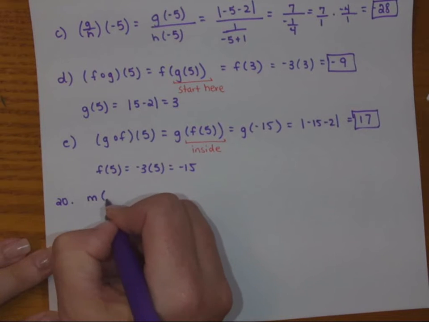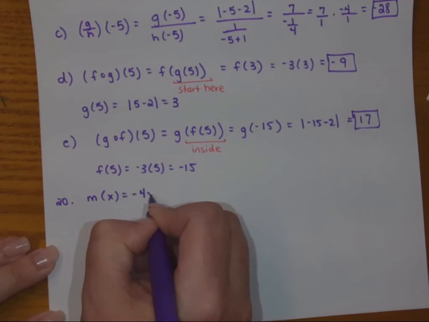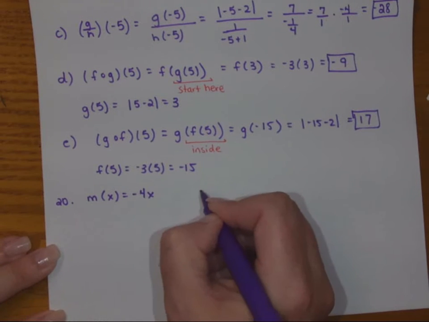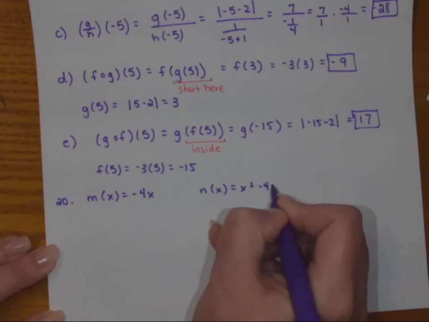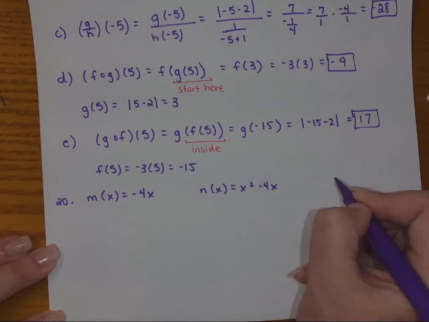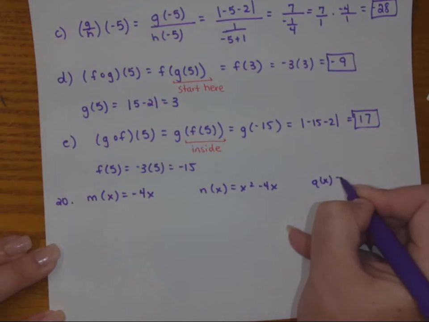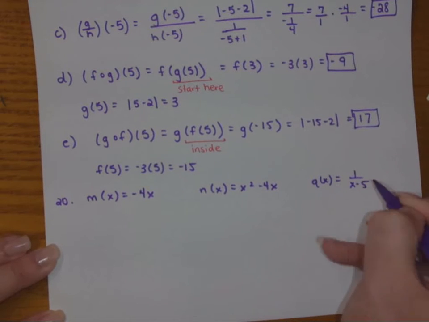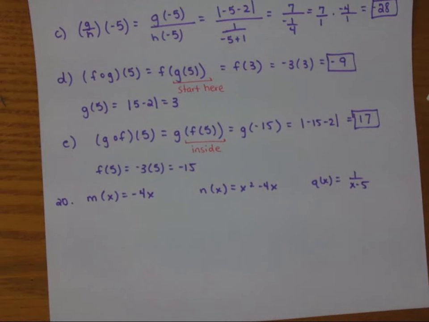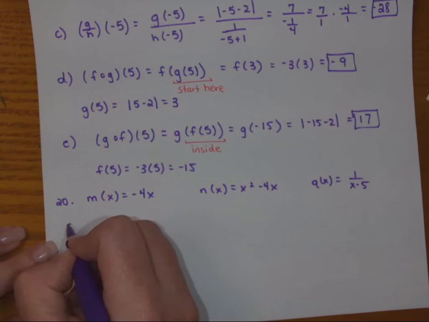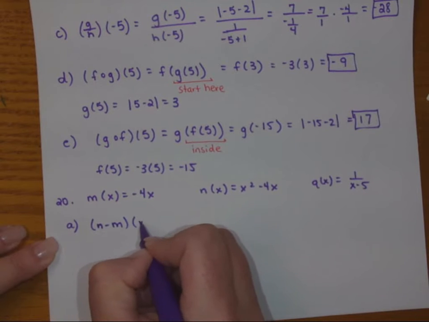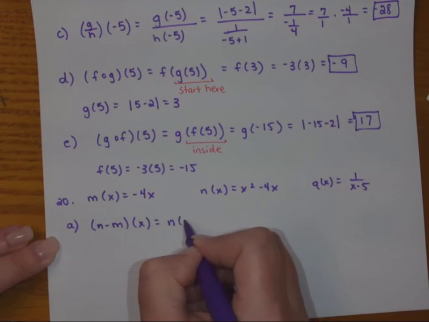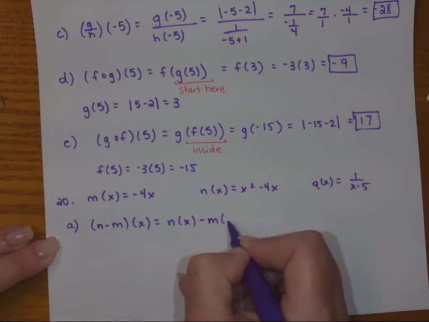So for number 20, we have m equals a linear function. We have n as a quadratic. We have q is a rational, or sorry, a reciprocal function. So for a, I just asked you to find n minus m of x, which is just n of x minus m of x, right?